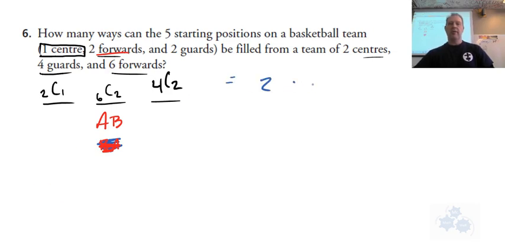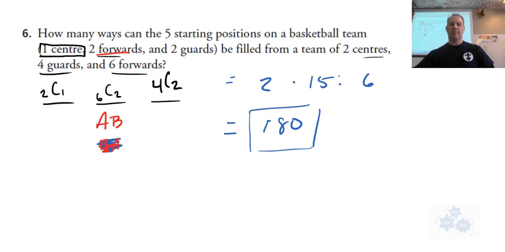What is 6 choose 2? 15. What's 4 choose 2? 6. Okay. So if we multiply those up, what do we get? 2 times 15 is 30, times 6 is 180. Yep, that's correct.